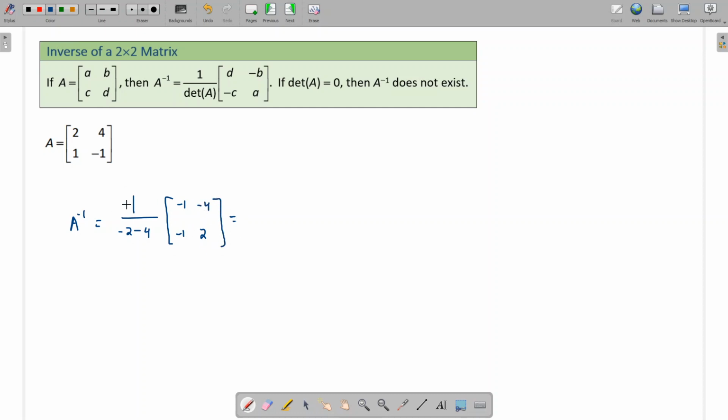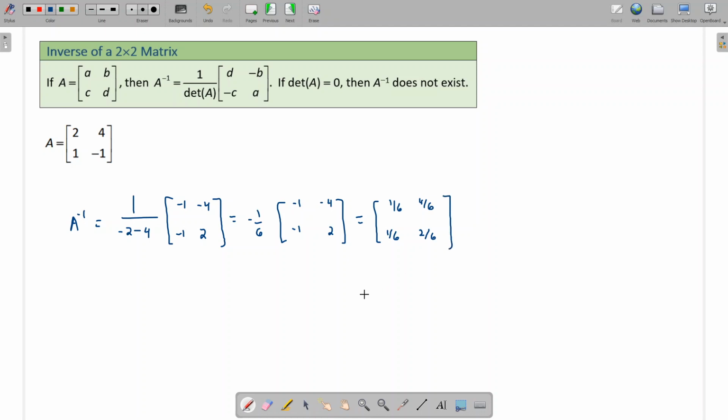Then we just simplify this, so this is really negative 1/6 multiplied by this matrix, and then distribute that through the matrix, so you end up with 1/6, then positive 4/6, 1/6, and 2/6.